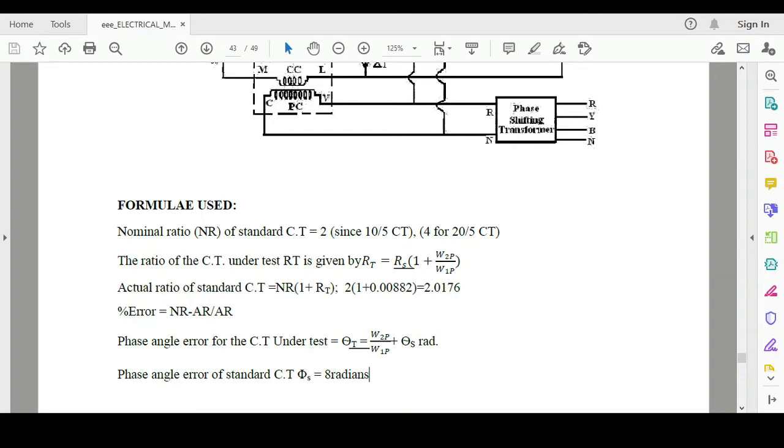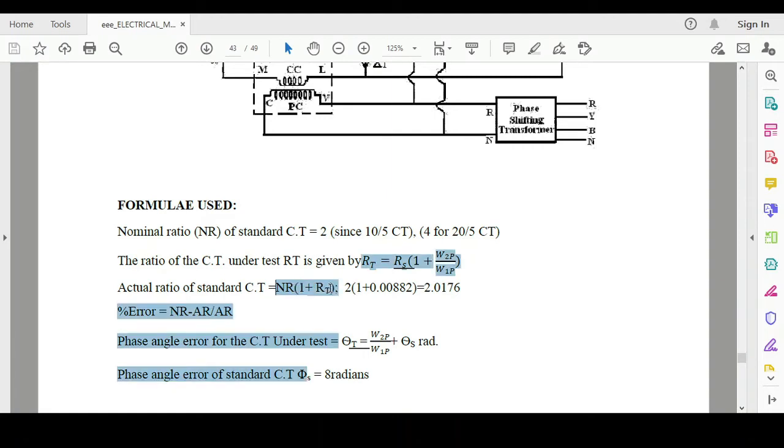So we have found the ratio of our current transformer under test, that is RT, which is RS equal to 1 plus W2P by W1P. Then we have to calculate the ratio of our standard transformer, which can be found by the actual ratio of our standard current transformer, which can be given by AR equal to NR into 1 plus RT.